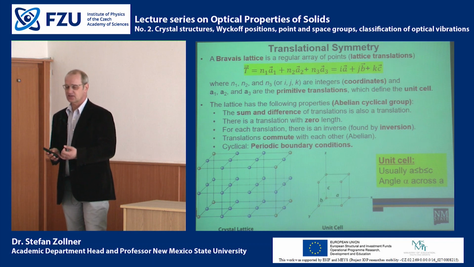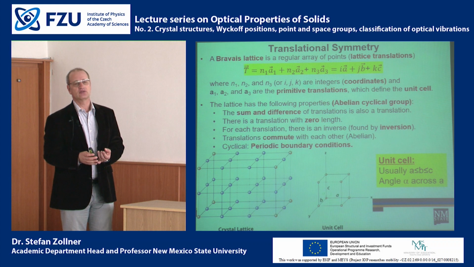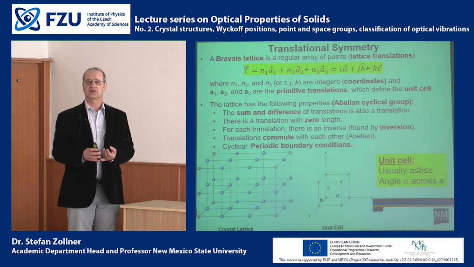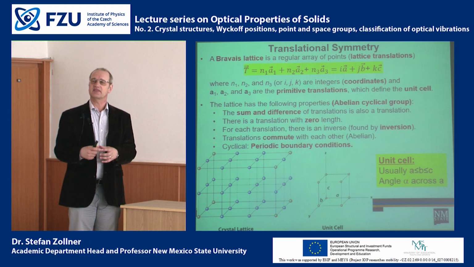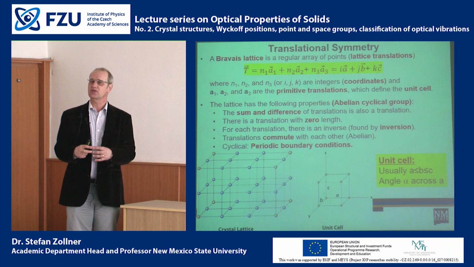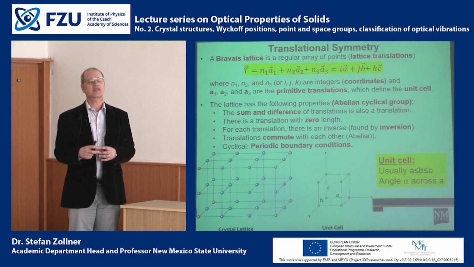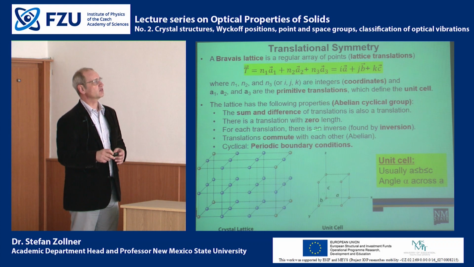It is very difficult from a mathematical point of view to deal with infinite crystals. Therefore, from a mathematical perspective, we assume that the crystal is finite, but then we introduce periodic boundary conditions.